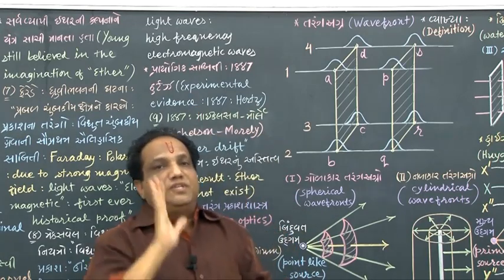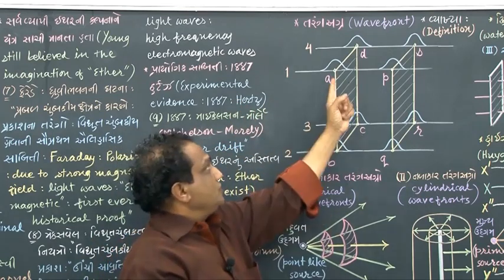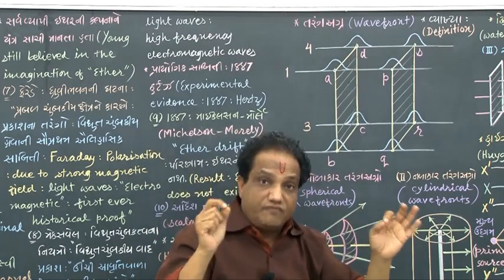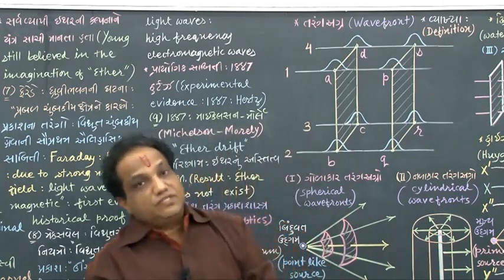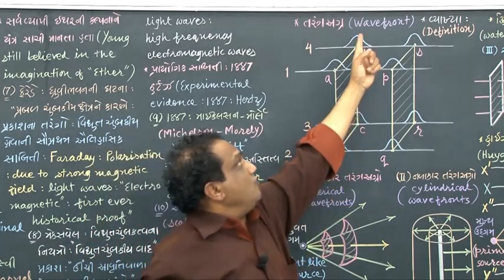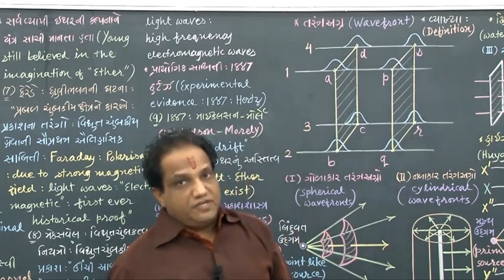Now just imagine one surface which is passing through such 4 particles which are oscillating with the same phase. Such an imaginary surface is known as a wavefront. How would you define it?